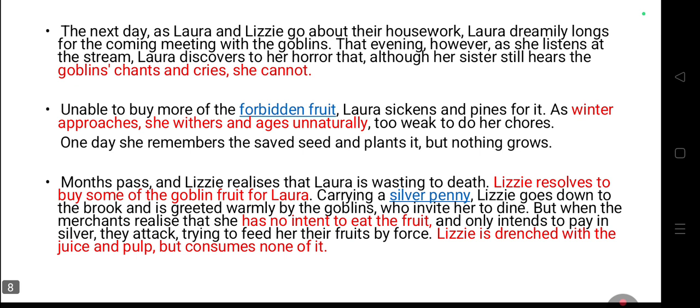So she does not consume that in her mouth, but she has those juice and pulp on her body, and that was ultimately eaten by Laura.